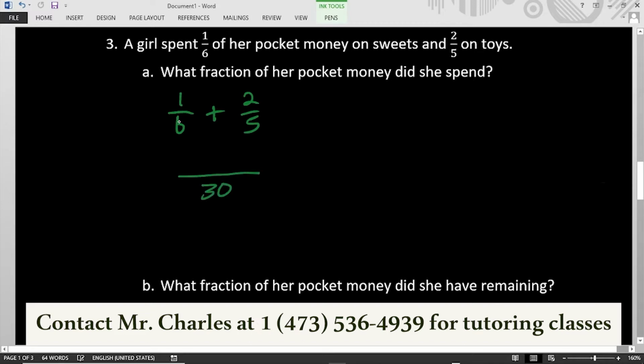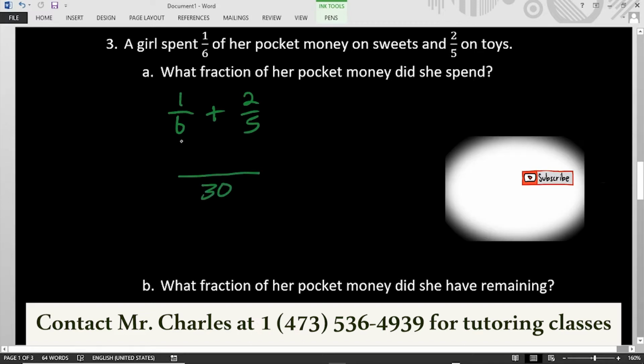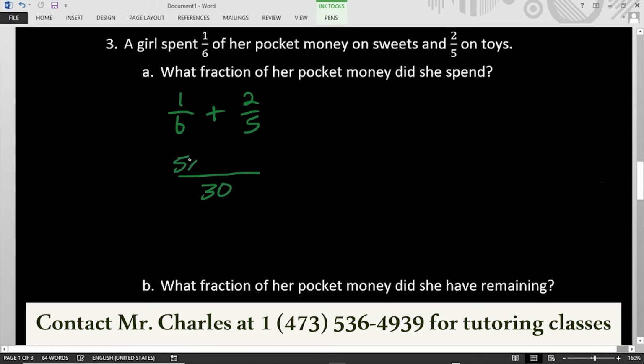So we say 6 can go into 30 5 times, and then 5 multiplied by the numerator 1, plus 5 can go into 30 6 times, and then we take the 6 and multiply it by the numerator 2.